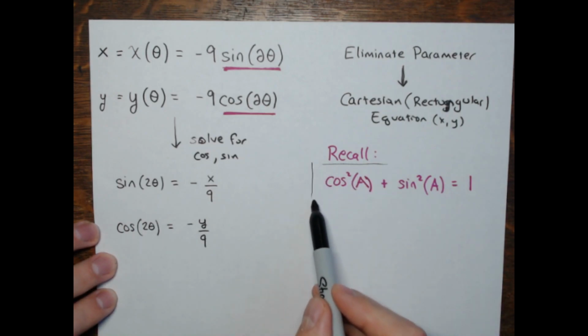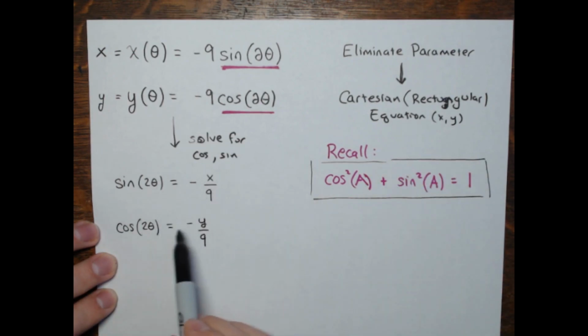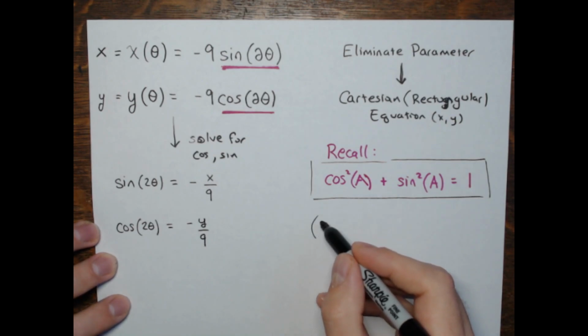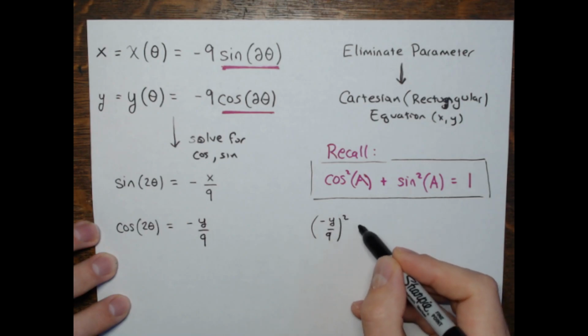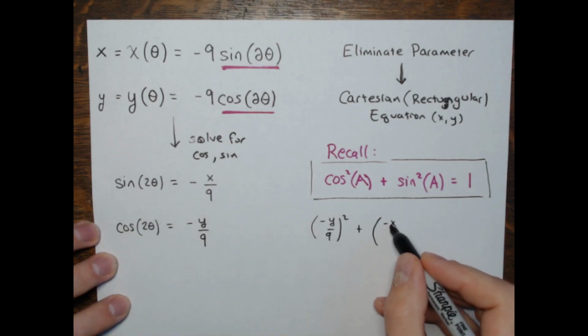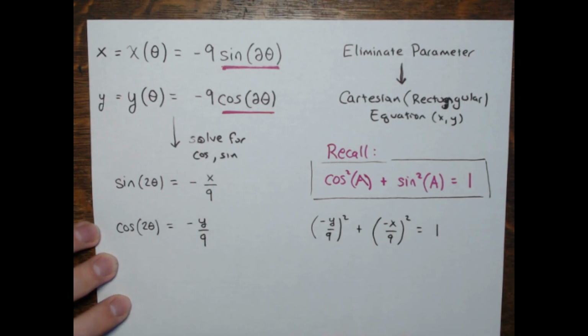And by what we know from trig, if I were to square both of these and add them up, I'd get 1. So the cosine squared, negative y over 9 squared, plus the sine of this argument squared, negative x over 9 squared, should be equal to 1.